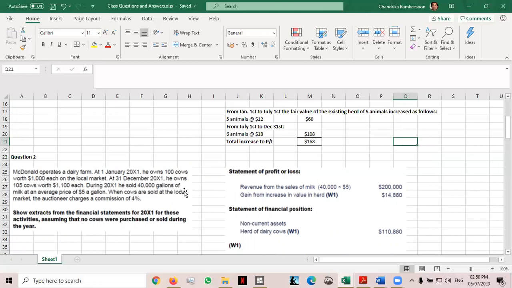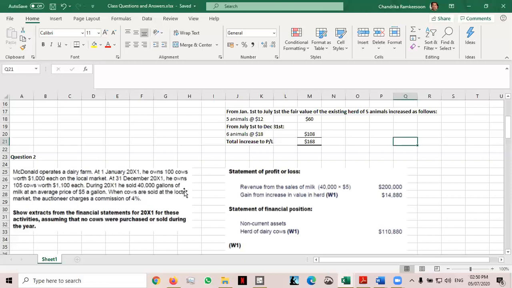Well, it's fairly obvious. Remember, the cows are held not just to produce milk, but also to procreate. And the effect of procreation would lead to additions to the herd of cows.